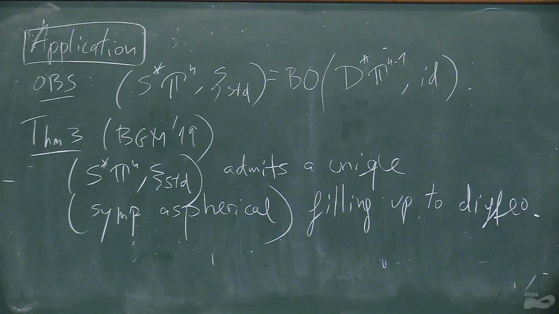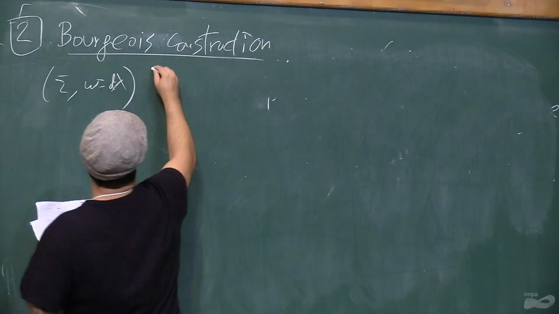So let me just be a bit more explicit about what the Bourgeois construction is. We start with our Liouville domain, which is a page.